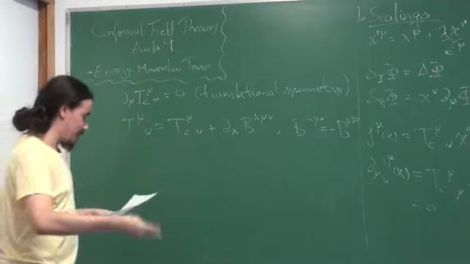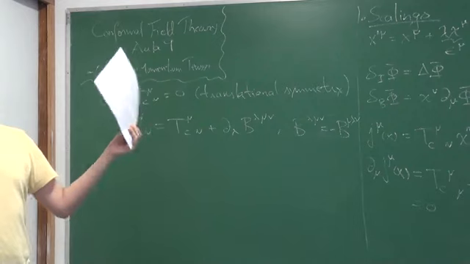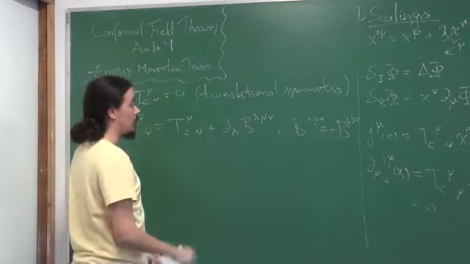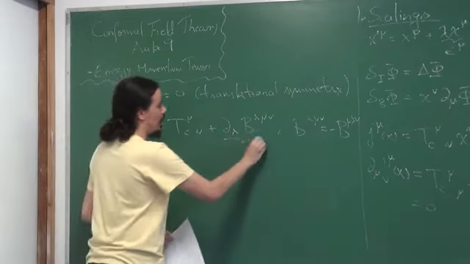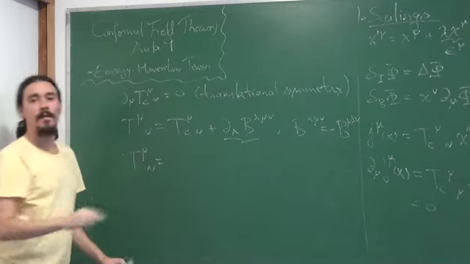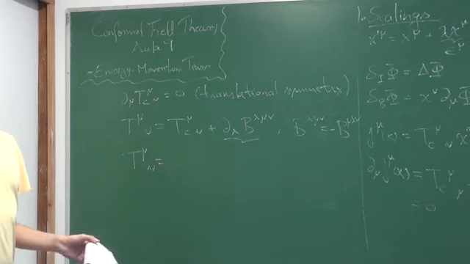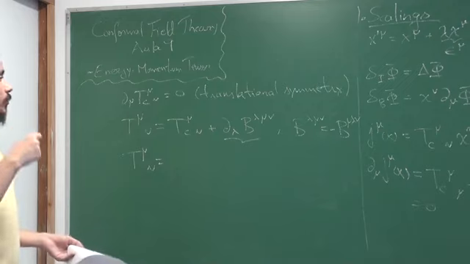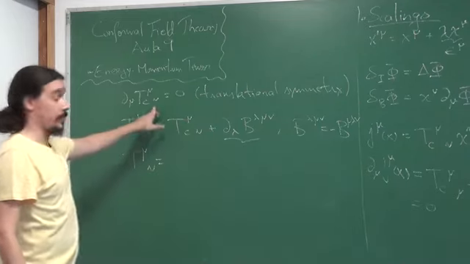But as it turns out, in hindsight, some people did the computations and realized it is easier to do it differently, instead of adding a term like this. Whether or not we want to make it symmetric or traceless, we do not want to spoil this conservation.